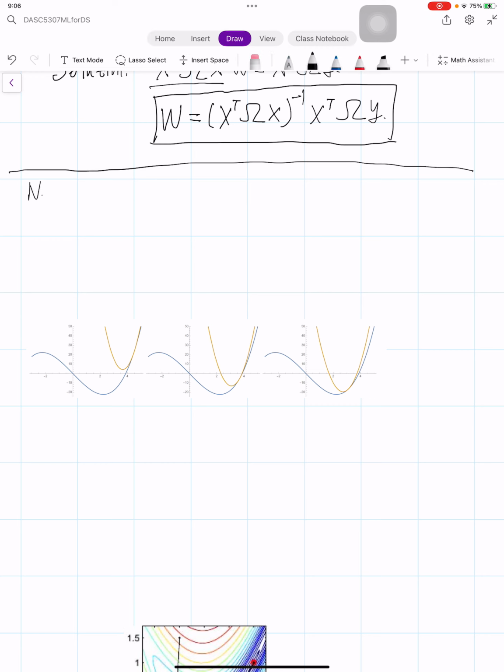Newton's method is iterative optimization, similar to gradient descent, but it requires the second derivative of the function.